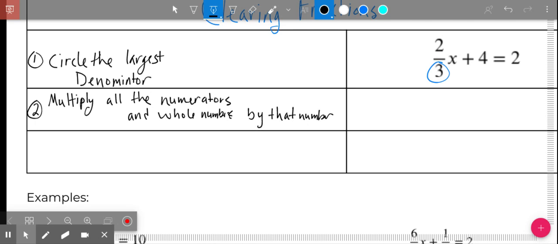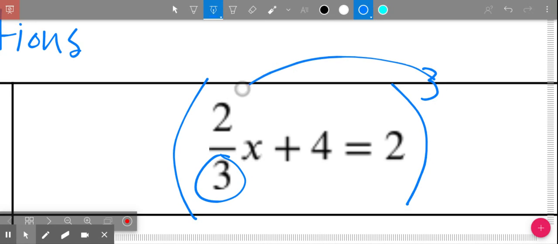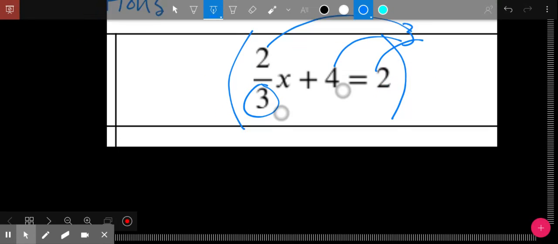Okay, so that's our second step, is multiply all the numerators and whole numbers by that number. So what this looks like is I'm going to put the entire equation in parentheses. And I'm going to put that 3 on the outside, and I'm going to multiply all the pieces by the 3. I am drawing the lines because we need to remember to multiply everything by the 3, not just some things, everything.